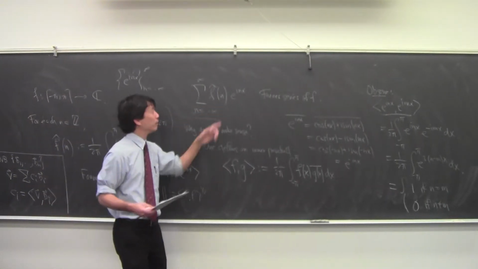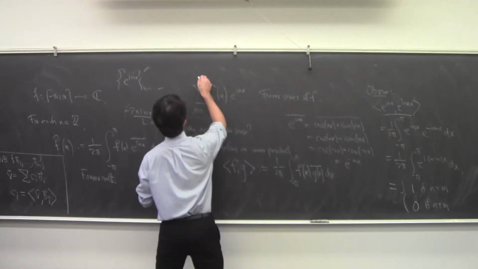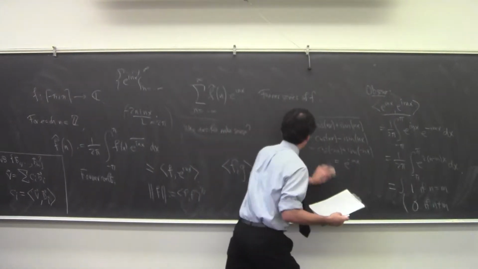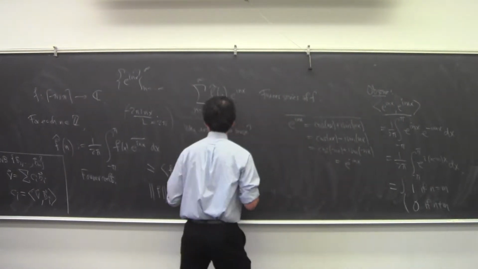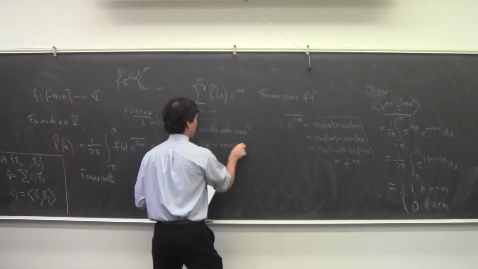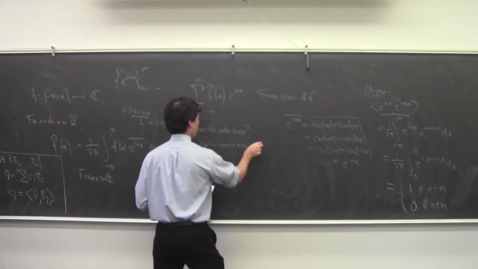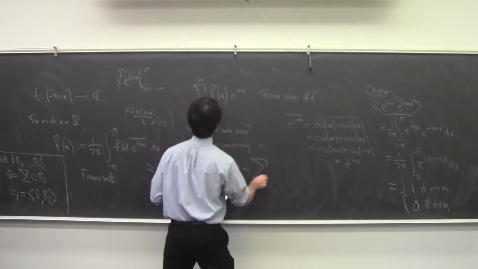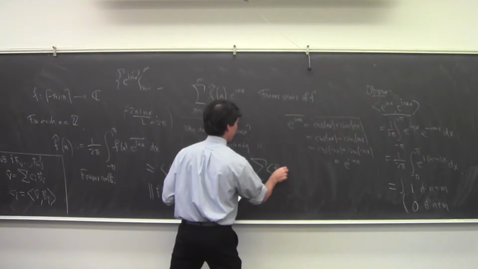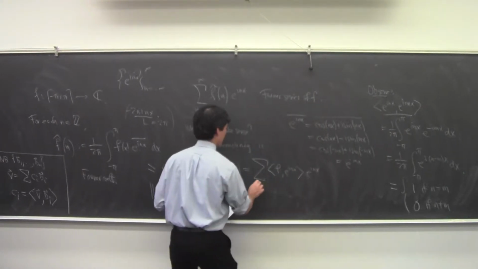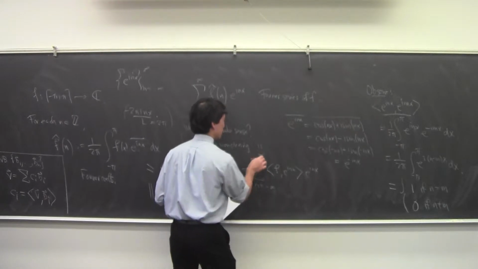So that's all we're doing here. We are wondering, is f really the summation of the inner product of f with e to the inx, times e to the inx, as n goes from negative infinity to positive infinity?